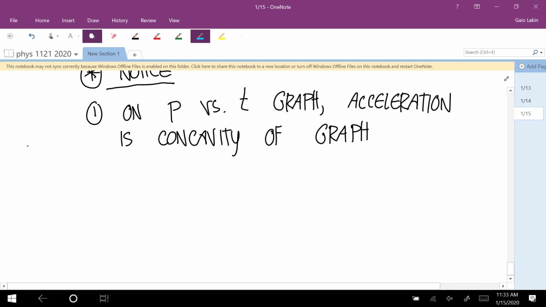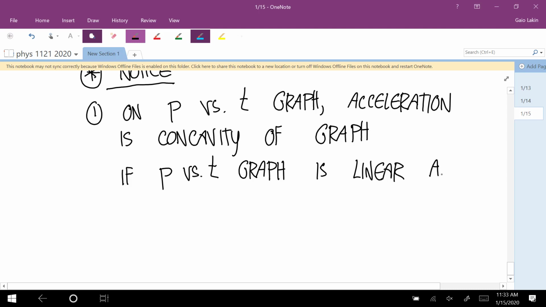So if the position versus time graph is linear at a chosen instant, then the acceleration is equal to 0 there. That's an inflection point if you have a graph that's curving.